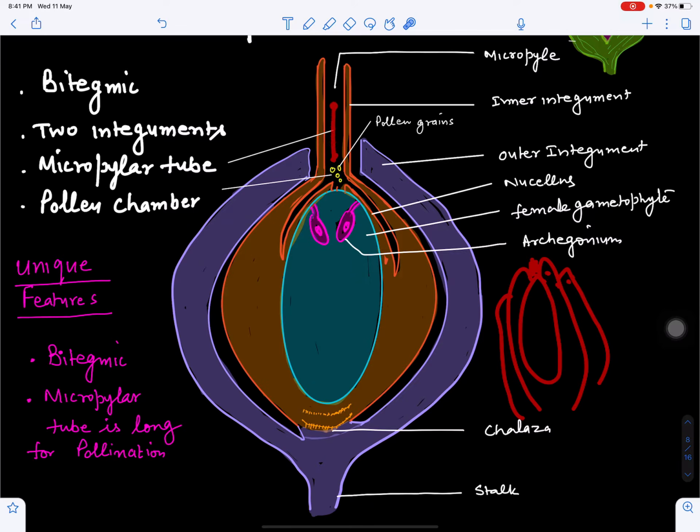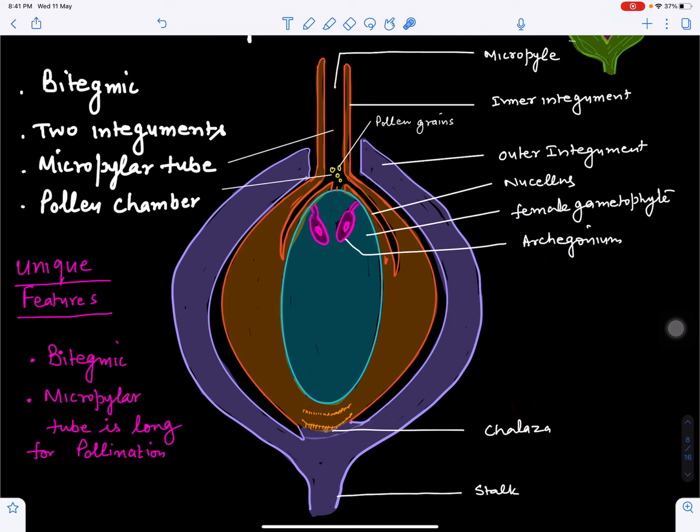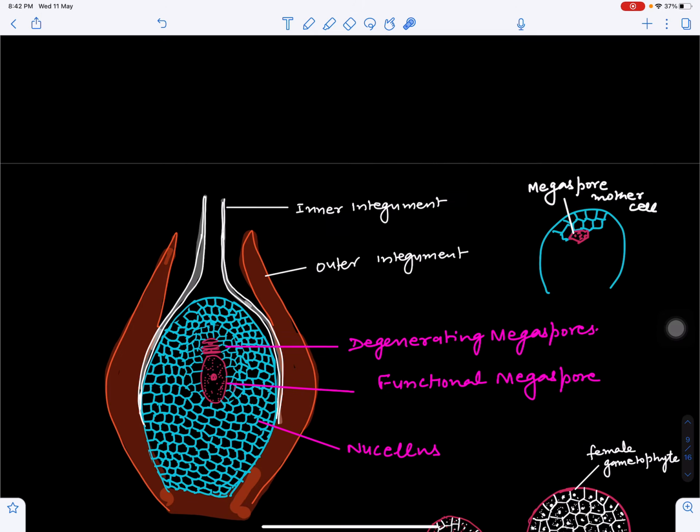This opening is called the micropyle, and opposite to this end is the chalaza end. So this is the chalaza, this is the micropyle end, and in the nucellus develops the endosperm, or female gametophyte, where later on archegonia will develop. How this female gametophyte develops inside the nucellus, we are going to discuss in the next slide.